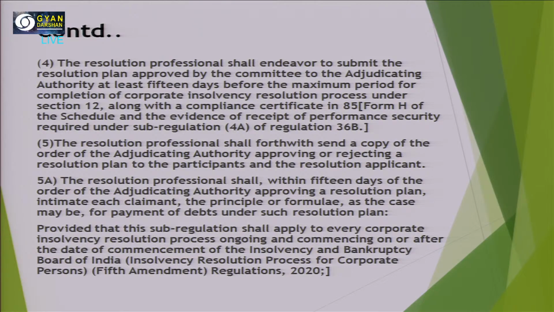Also, within 15 days of approval by the adjudicating authority, the resolution professional will intimate each claimant and the principal of the corporate debtor, as the case may be, for payment of debts under such plan. We will inform each and every claimant how their debts are proposed to be paid under the plan. So all the concerned stakeholders are informed by the RP that this plan has now been approved by the adjudicating authority and is binding on them, by means of which the RA will also be safeguarded from further harassment by the authorities.